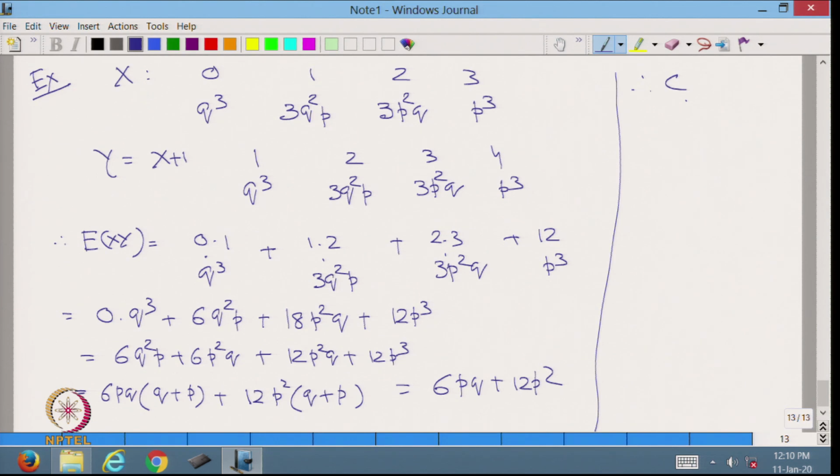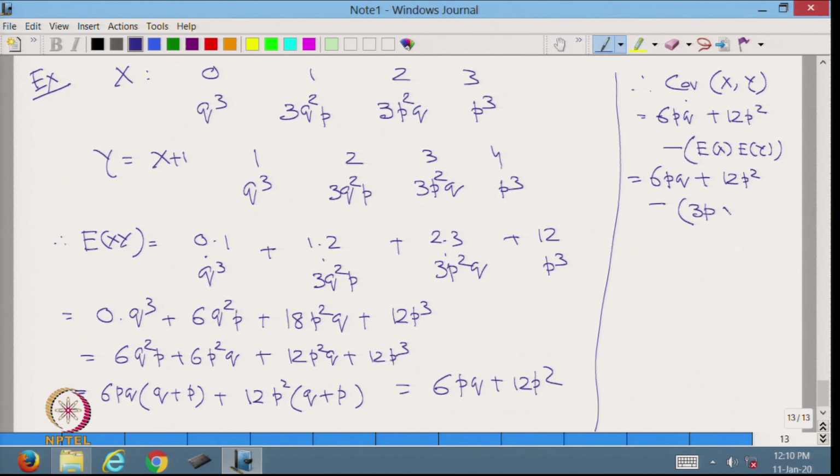Therefore, covariance of x y is equal to 6 p q plus 12 p square minus expected value of x into expected value of y, which is 6 p q plus 12 p square minus expected value of x, which is going to be 3 p, multiplied by expected value of y.